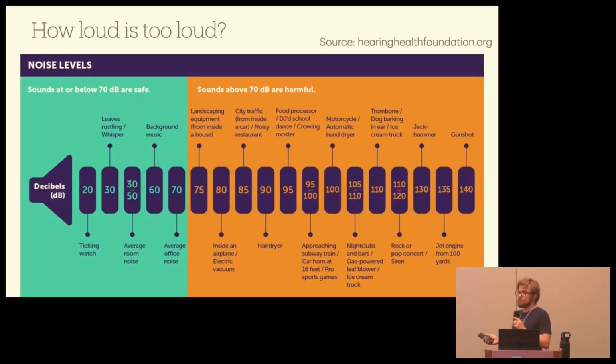I'm not going to walk through this graphic in much detail, but it helps you visualize what number means what. I mentioned earlier that the 75 level is where things start to cause problems. The way I like to think about it is, if we were standing outside or in a room trying to have a conversation together, and the noise around us is less than 75 decibels, we're probably going to be able to have a conversation fairly easily.